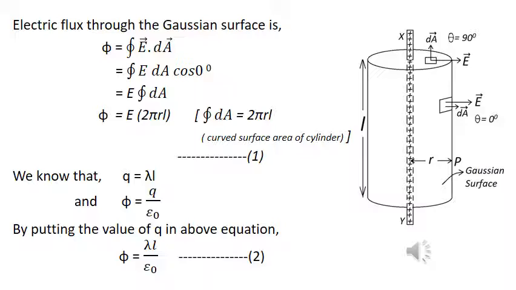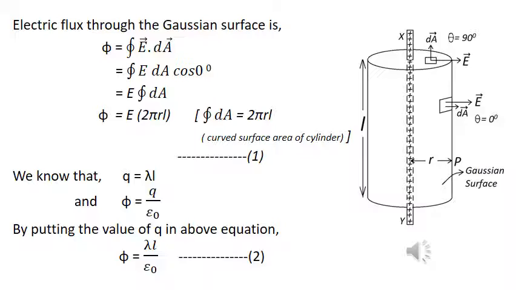Here, since the radius of the cylinder is constant around the wire, that is r is not changing, the electric field will be constant around the wire at every point at a distance r. So integration of surface area will give the value 2 pi rL.